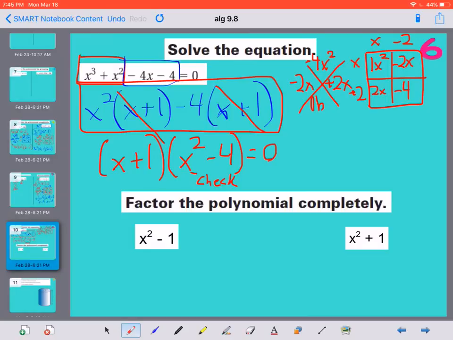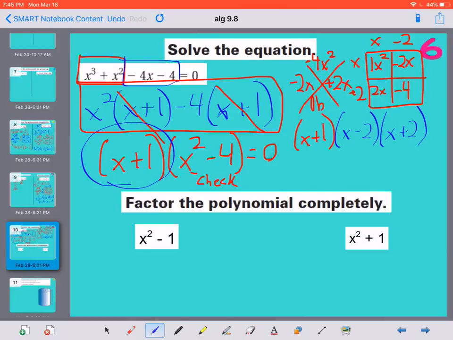So factored completely then, I have x plus 1. That came from right here. X minus 2 and x plus 2. Now these all equal 0. So I need to set all of these equal to 0.